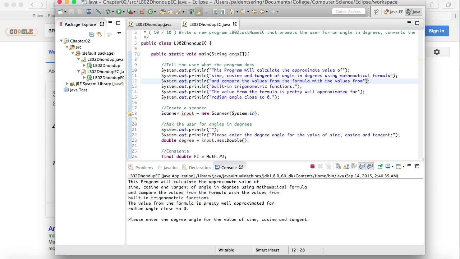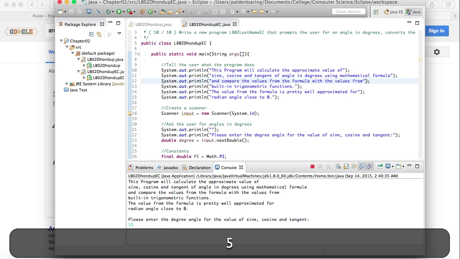It's going to say the formula is pretty approximate as long as the radian angle is pretty close to 0. That's why I'm going to use a small angle. For example, let's say 15 degrees.